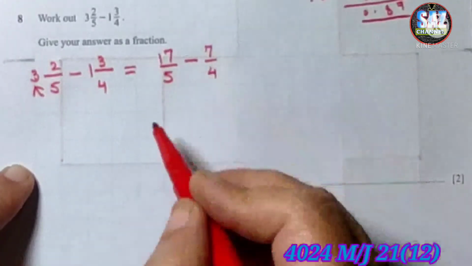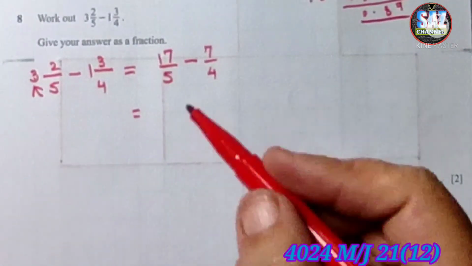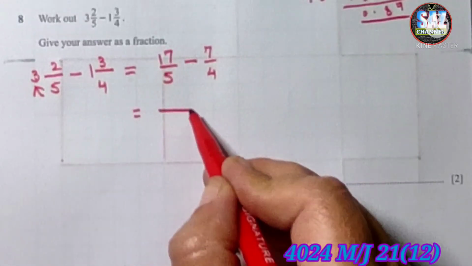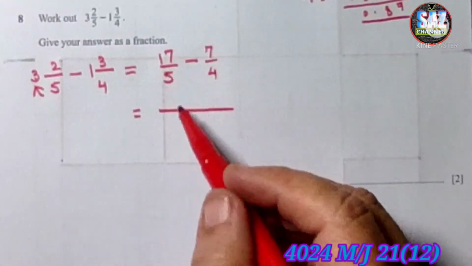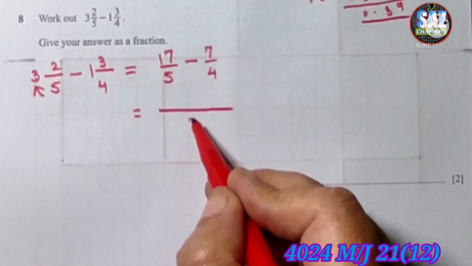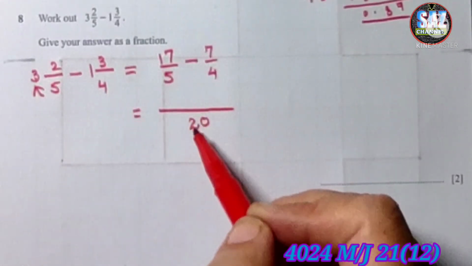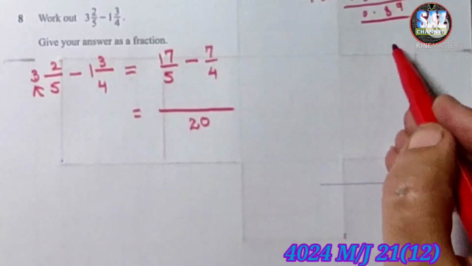Now these are not like fractions. The denominators are not the same, so we have to take the LCM, and in the denominators we have one even, one odd number. So the LCM will be the product of these two numbers, 5 times 4 is 20. Now 5 how many times is 20? 5 4 times is 20, and 17 4s are 68.